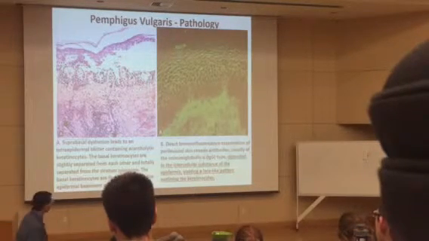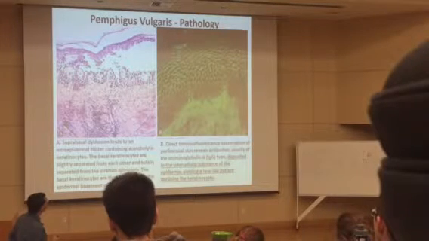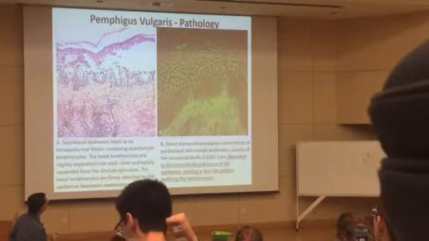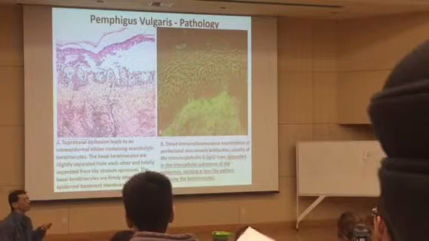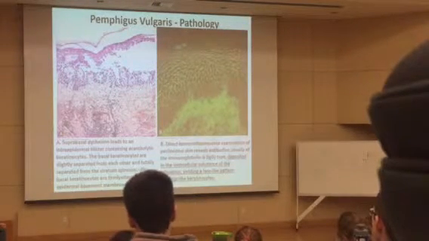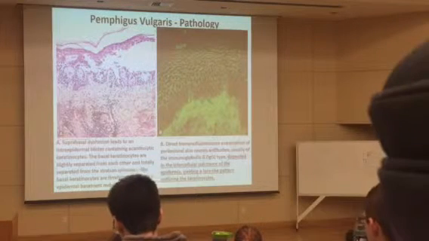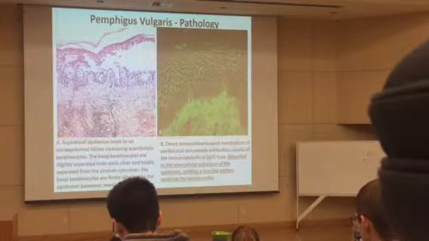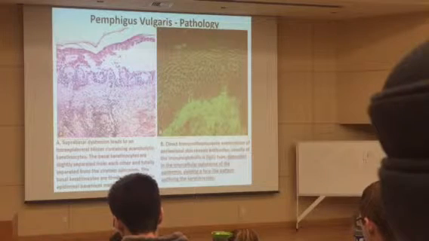And because it's concentrated more in the upper layers of the skin, the pathogenesis underlying this disease is the fact that the body has antibodies against the desmoglein. And because it has antibodies against the desmoglein, it basically causes this cleavage in the epidermis.